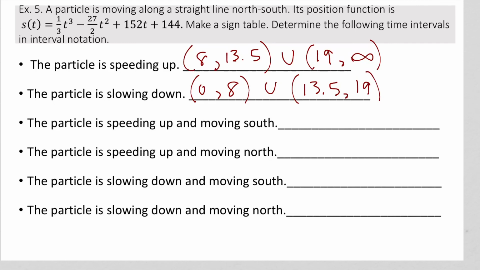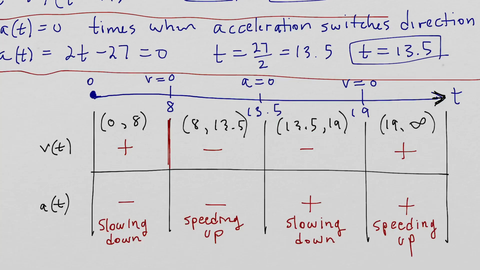Then it says, when is the particle speeding up and moving south? Here, south means negative and north means positive, depending on how your problem statement wants it. So I look at the direction of my velocity to tell me which way I'm going. If I have a positive velocity, that means I'm going north in this problem.